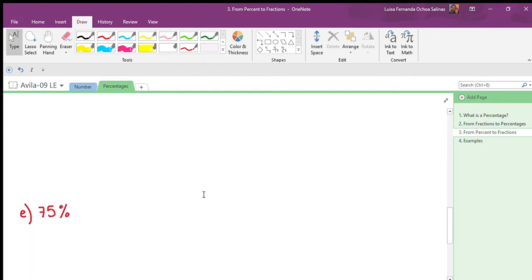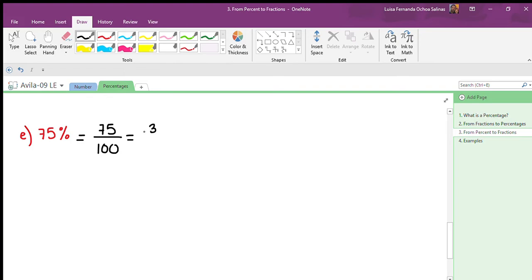And the last of these examples that we're going to do is 75%, which is 75 out of 100, and using my calculator to simplify it, I get that this is equal to 3/4. Fantastic. Okay, so this is the second part.